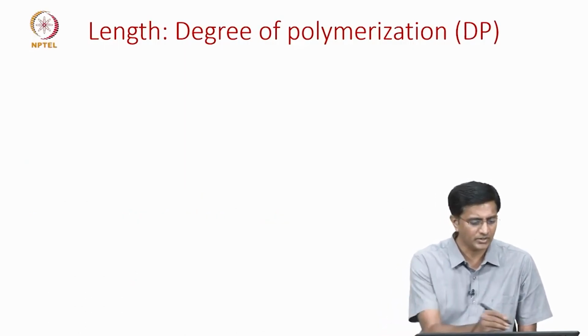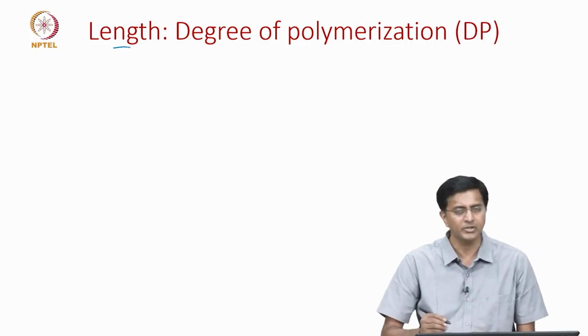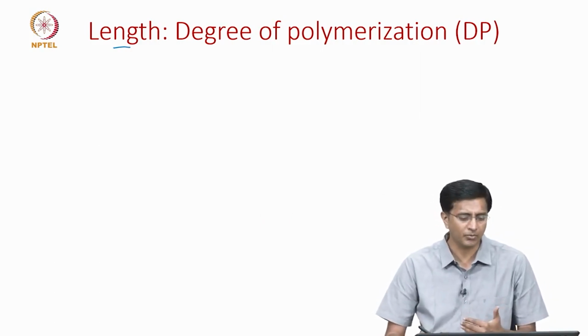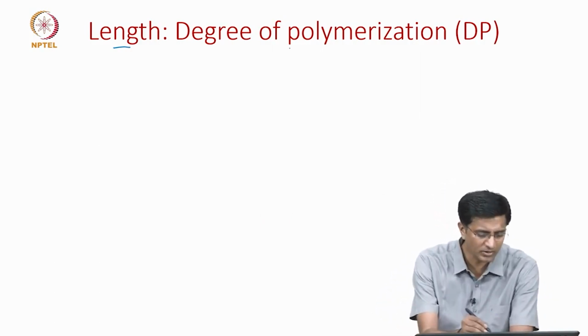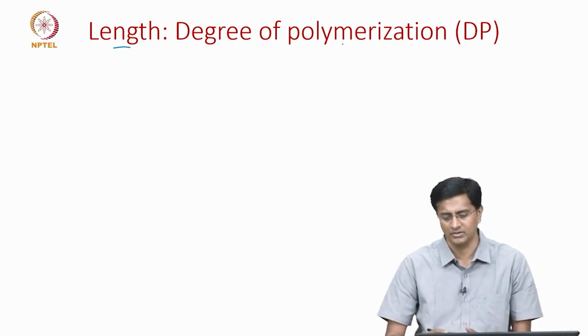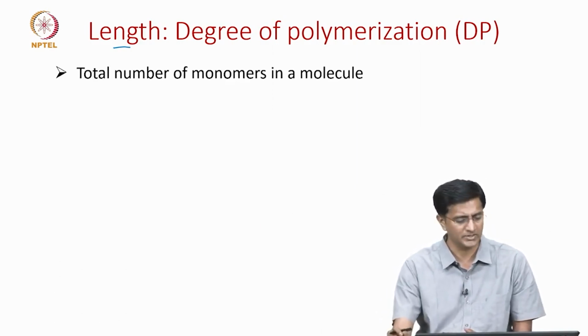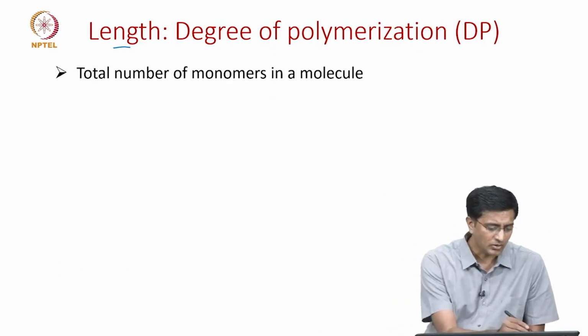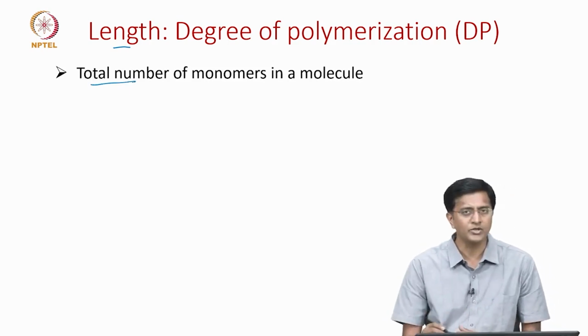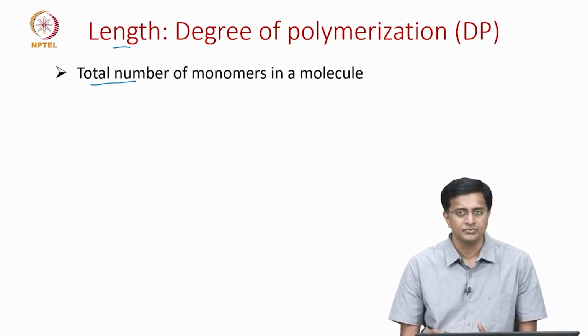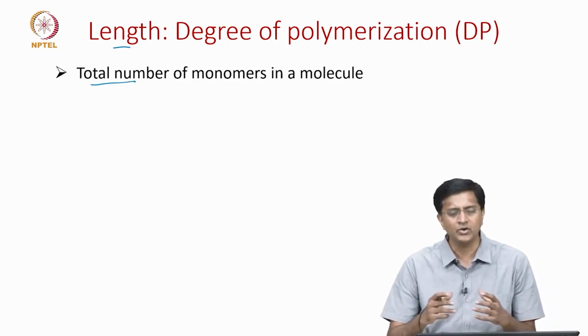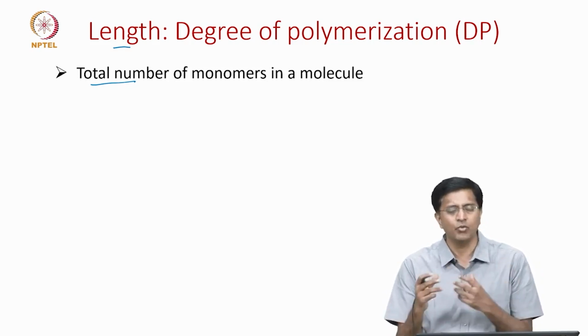So let us start with the length of the polymer. The way to describe the length of a polymer is through this term called the degree of polymerization. First let us see what it means. It means the total number of monomers in a molecule. So polymers, as we know, are an addition of monomers.